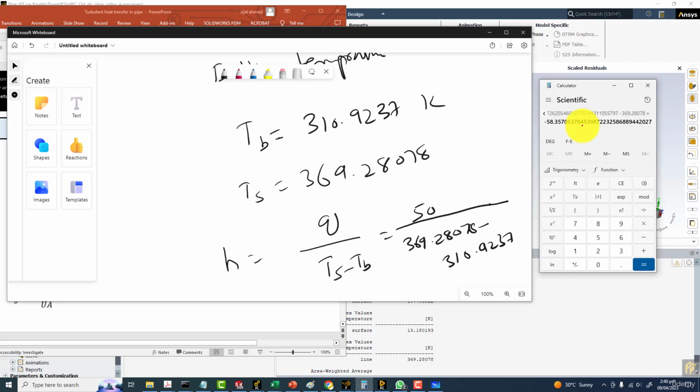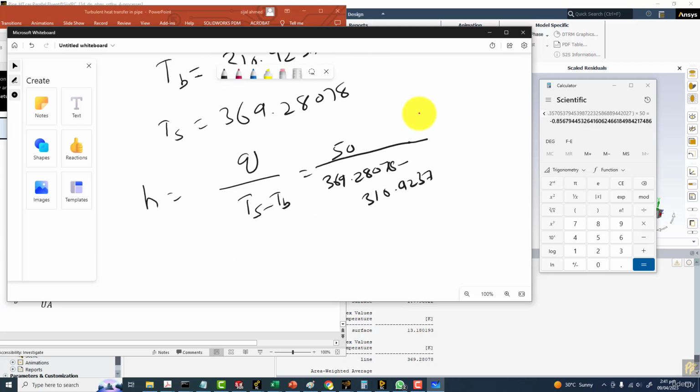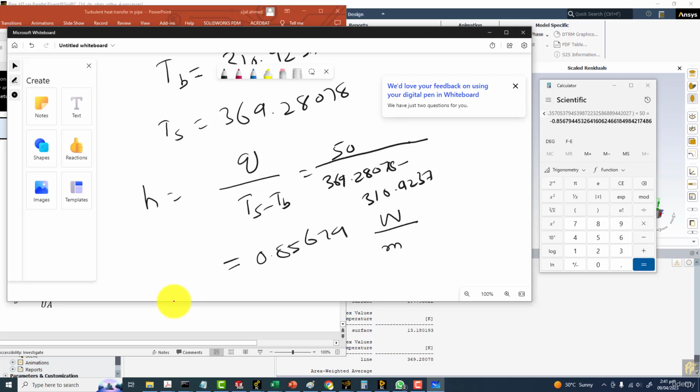So 1 upon this value, multiplied by 50 heat flux, we get the heat transfer coefficient value as 0.85679 watts per meter square Kelvin.